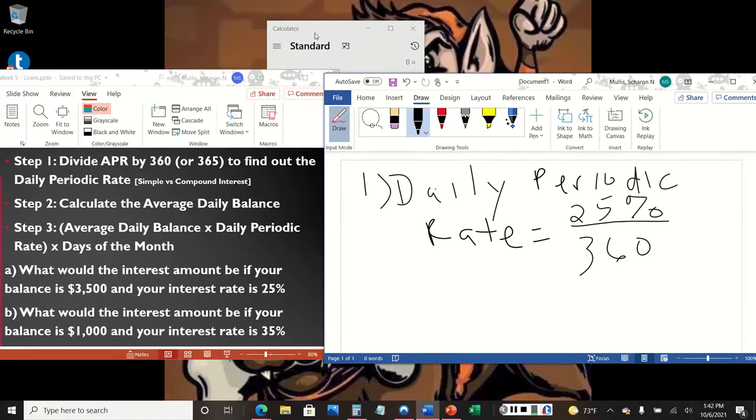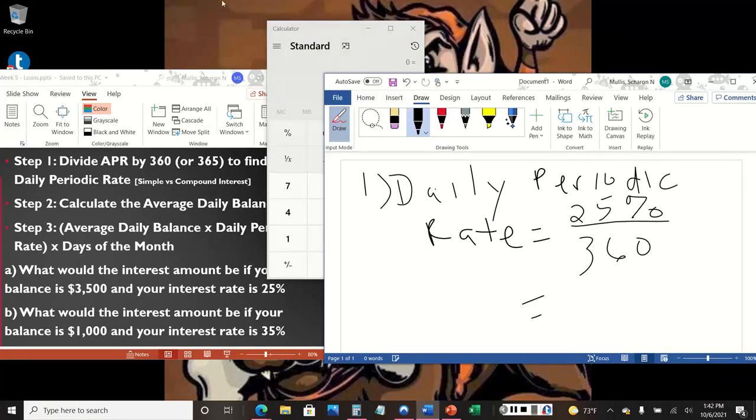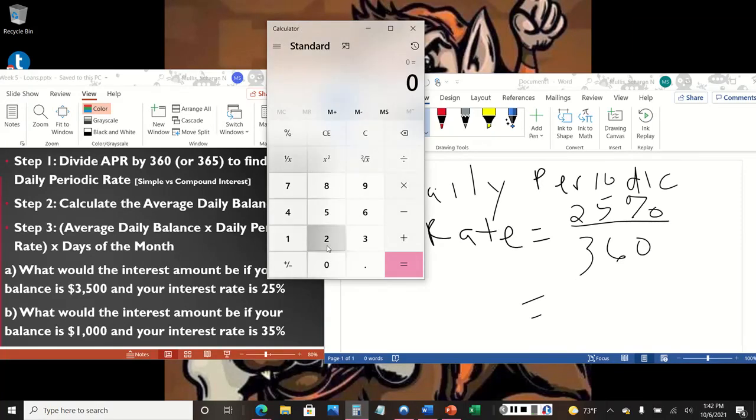So I'm going to put equals here, and then we're going to do 25% divided by, hold on, there we go, 25%. What is going on? All right, I know 25% is 0.25, so I don't know why it's acting funny.